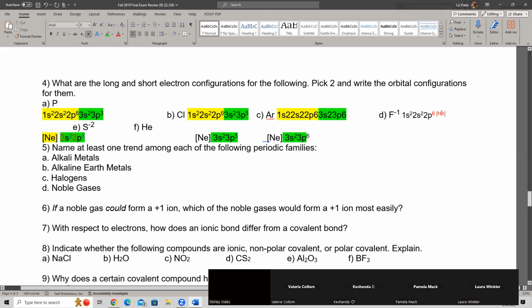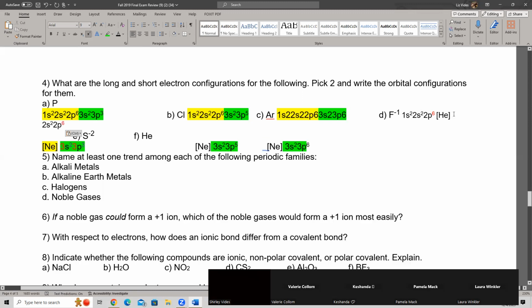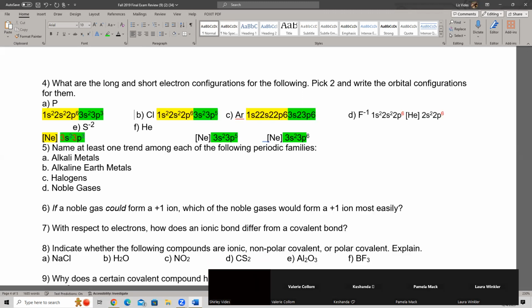That's weird. Okay, that's because I changed all of it. Let's make it black again. Okay, and then just copy this: 2s2, 2p. Yep, and there it is. Oops, 6. Let's make this one a little smaller so that we fit. All right, there we go.